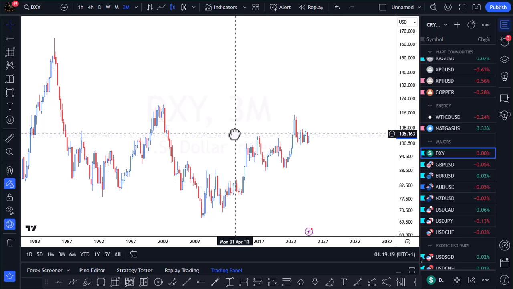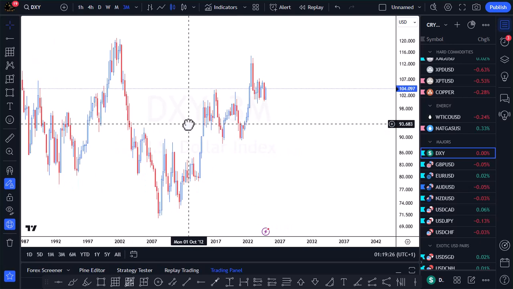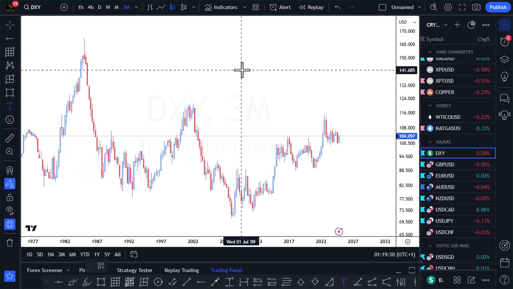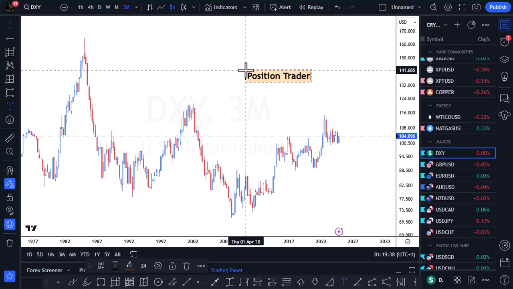So in this tutorial, I will focus on position and swing. So if you're a day trader or scalper, replicate the concept I'm going to show you in this tutorial. Now, number one, let's make some writings on this section right here. We have what we call the position trader. These traders start their analysis from the monthly chart.